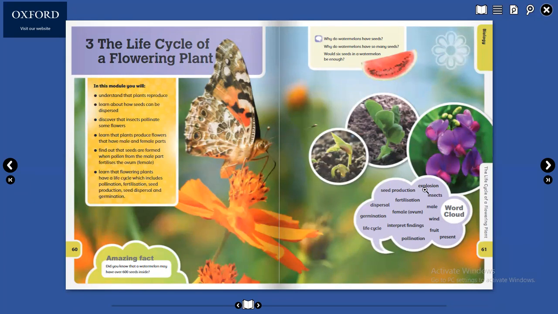Female. Ovum. Germination. Wind. Life cycle. Interpret findings. Excellent. Wind. Fruit. Present. Pollination. Excellent. Nadeem.